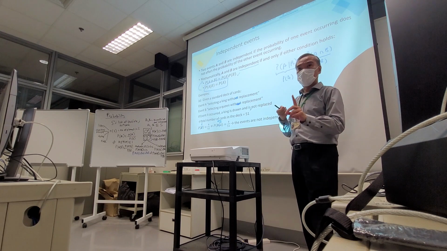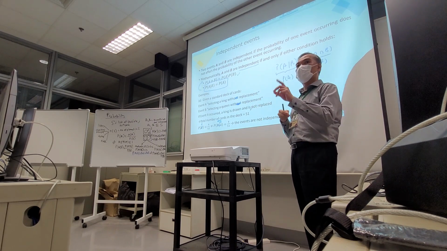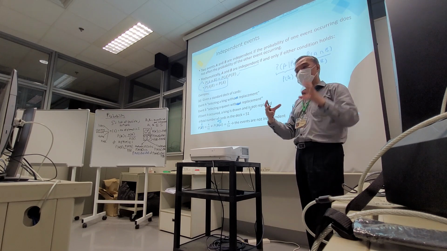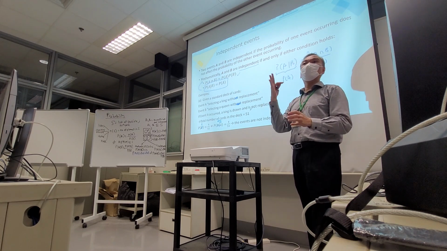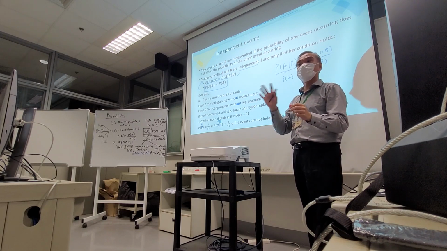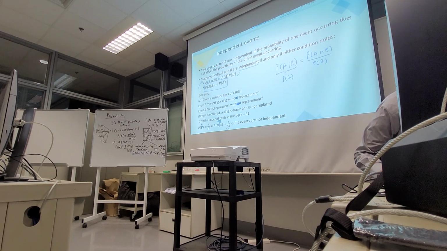Now what's the probability of drawing a king? Also 4, but how many cards do I have in the deck? 52, because I put the drawn queen back into the deck. So I will have 52 here, and because of that, they are independent.